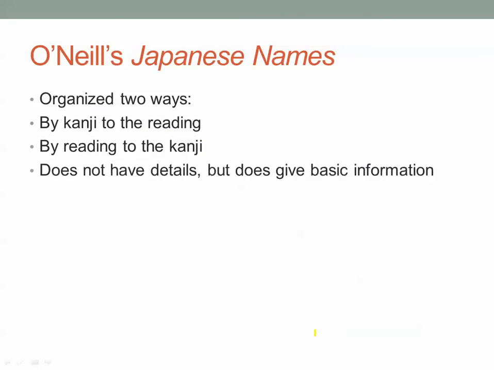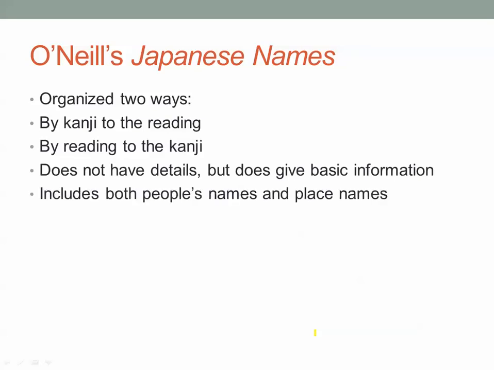The one thing I also wanted to point out, though, is that O'Neill's doesn't have details. For example, it doesn't give you birth and death dates of people or anything like that. It does give you basic information, as you'll see. It includes people's names and place names. So actually, its title, a Jinmeiji-ten, is a little bit deceptive because it is both a Jinmeiji-ten and also a Chimeiji-ten, Chi as in place, or Earth.